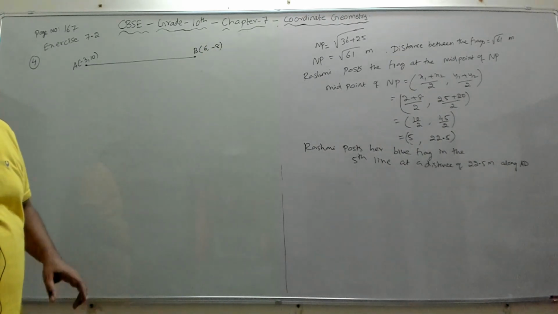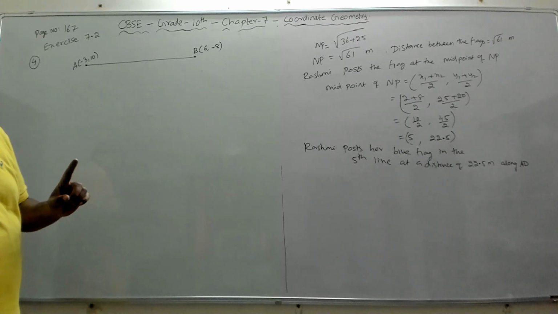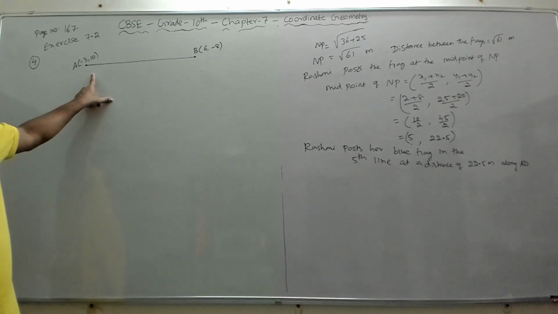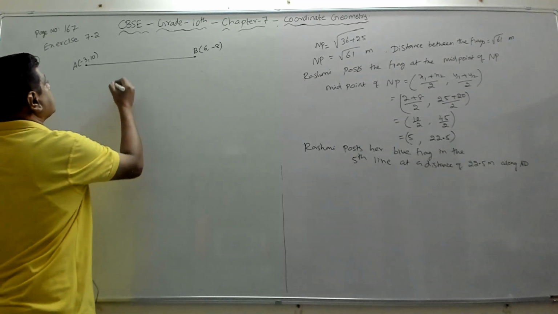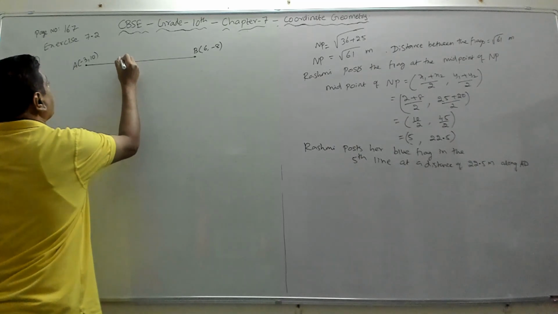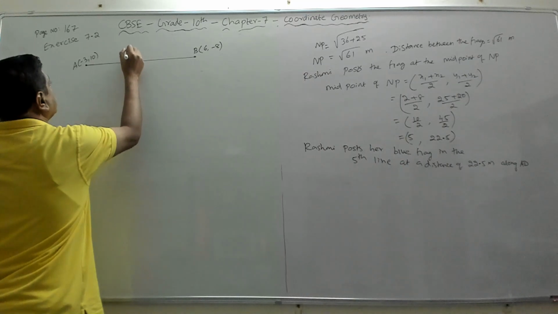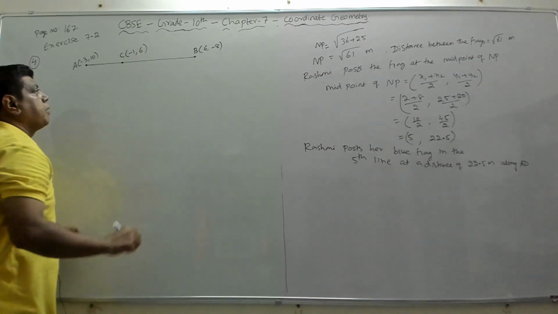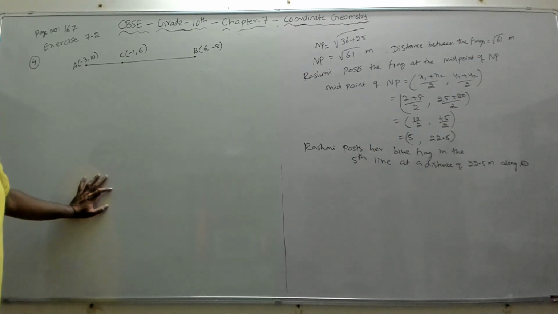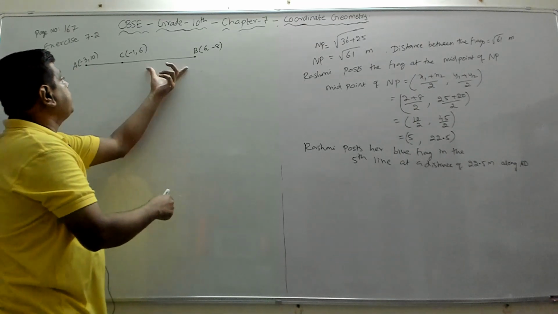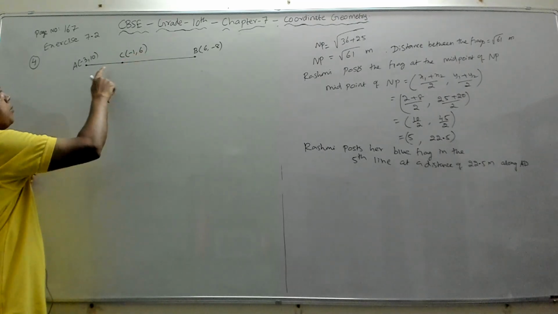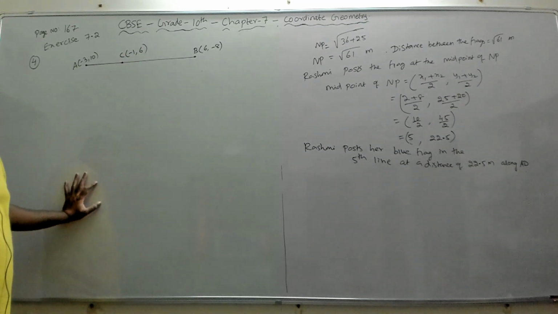Divided by the point, so this point is C, -1, 6. What is the ratio? We have to find the ratio in which this point -1, 6 divides the line segment AB.